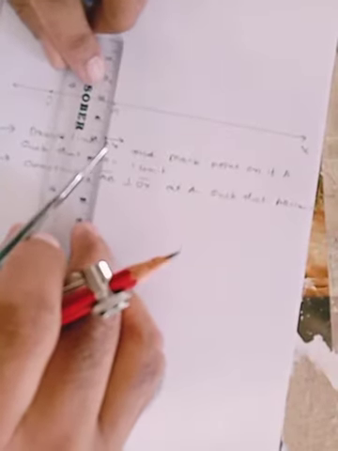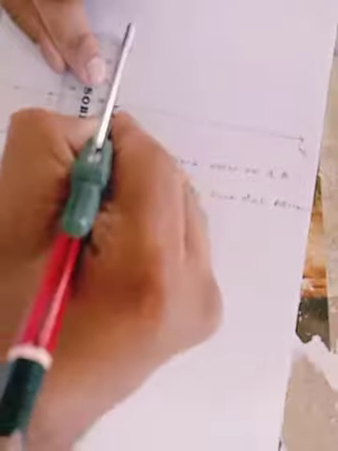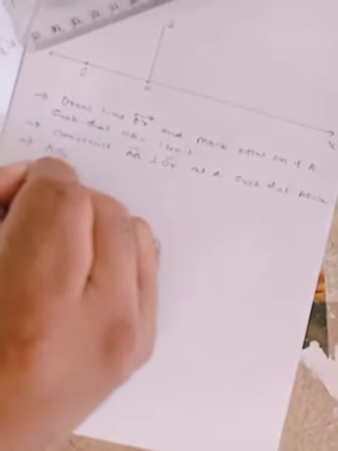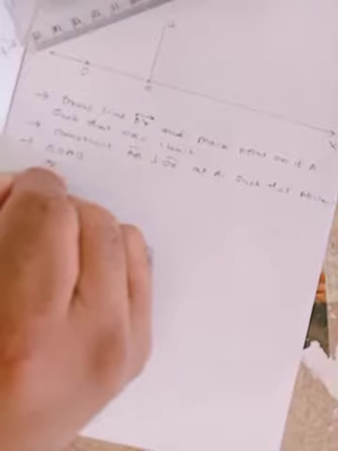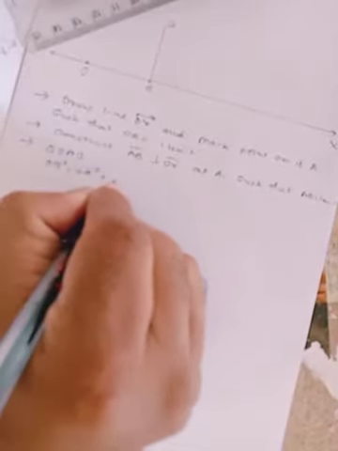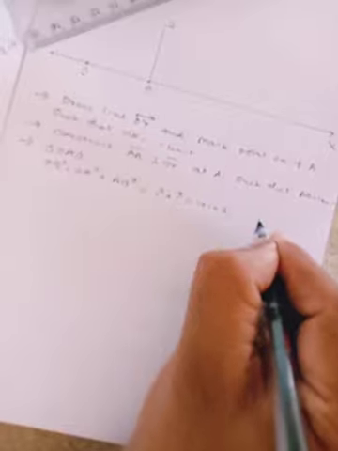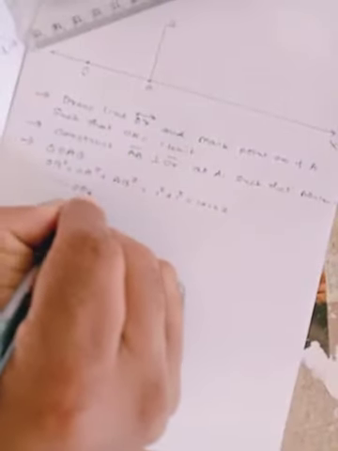So we draw AB perpendicular at A. Again we know that in triangle OAB, OB square equals OA square plus AB square. So OA value 1 square plus 1 square, 1 plus 1 equals 2, and so OB equals root 2.